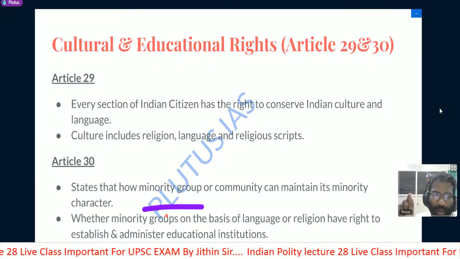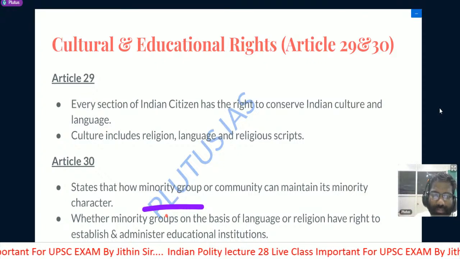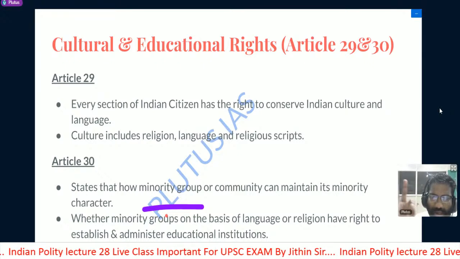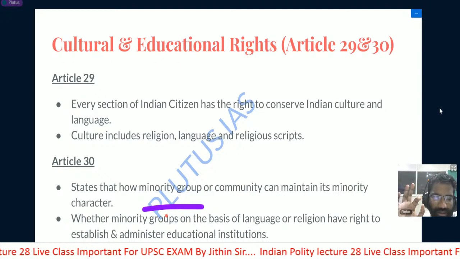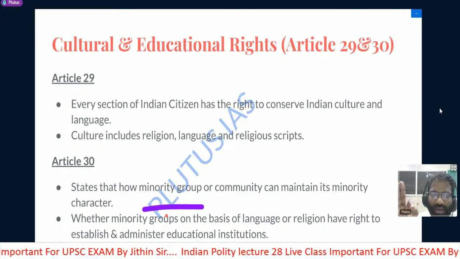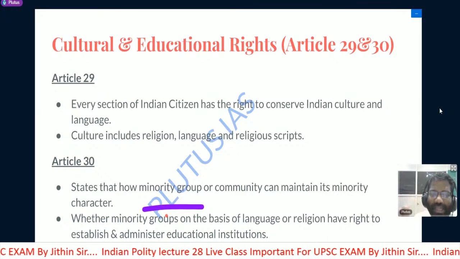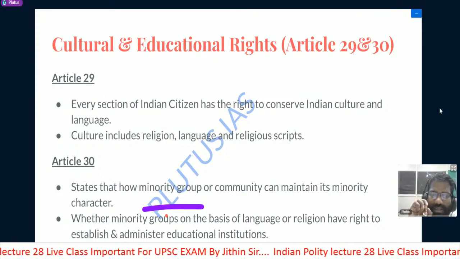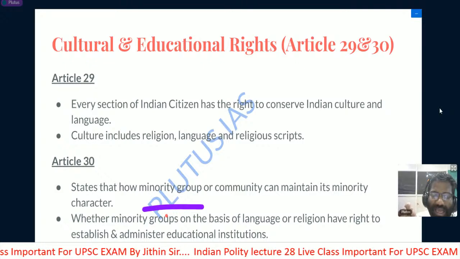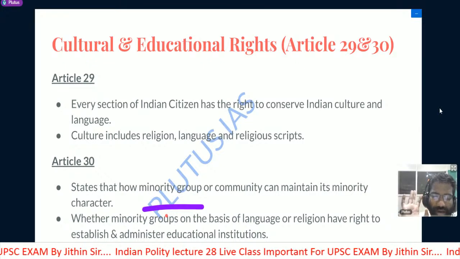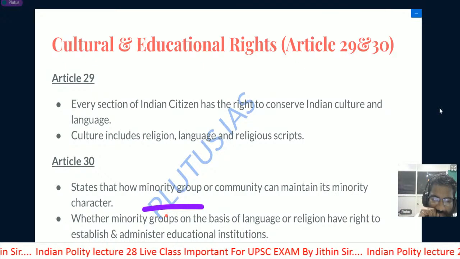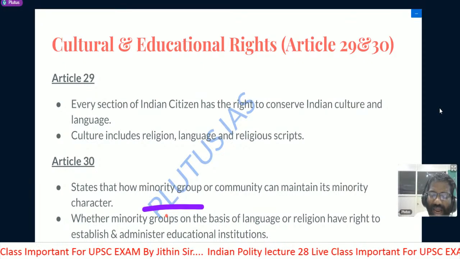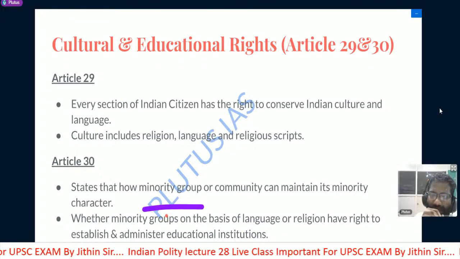Any minority group based on religion or language can establish and administer educational institutions of their own choice.